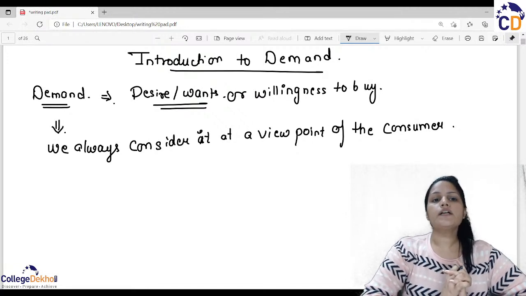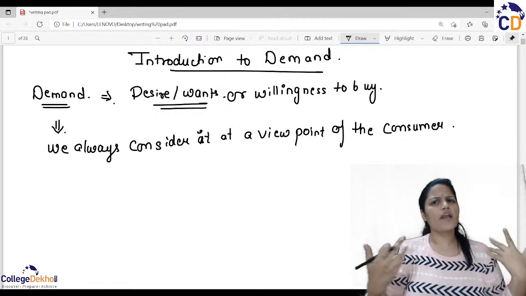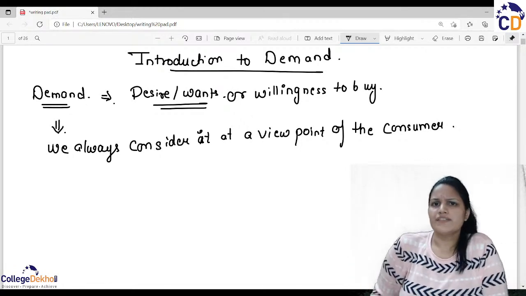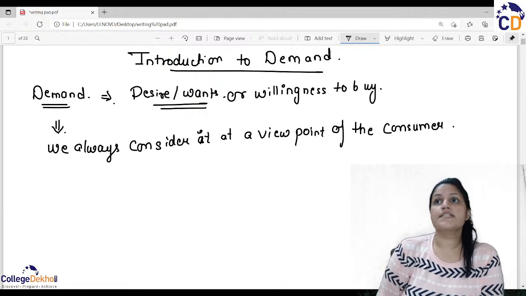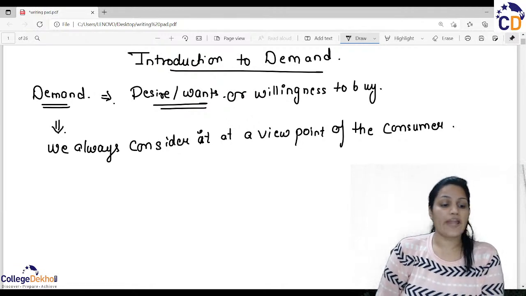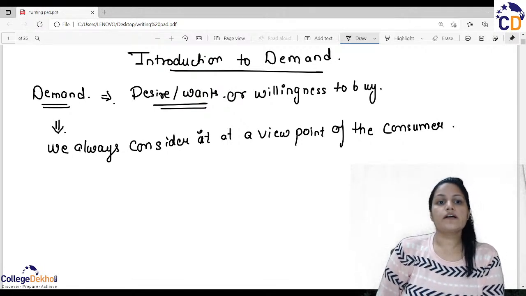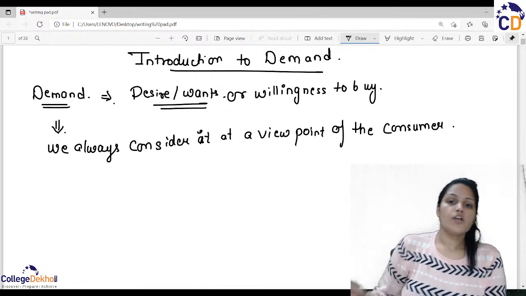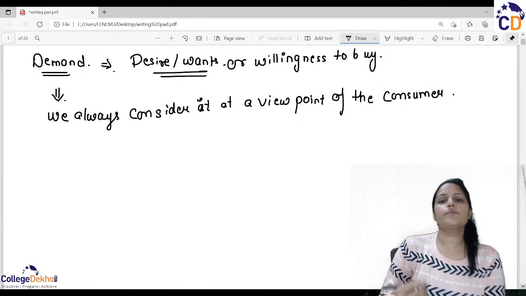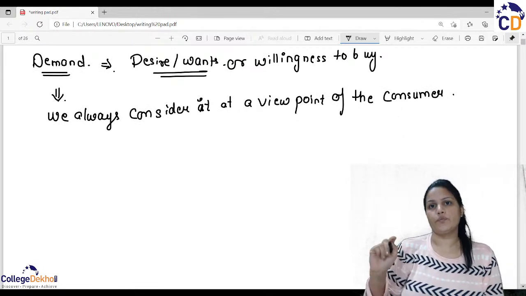So from the point of view of the consumer or customer, what is the next step? As we all are consumers and customers, we always go to a market to purchase some item. We always desire what we actually want. So here also there is a consumer who is ready to purchase the item. What is the consumer's point of view?